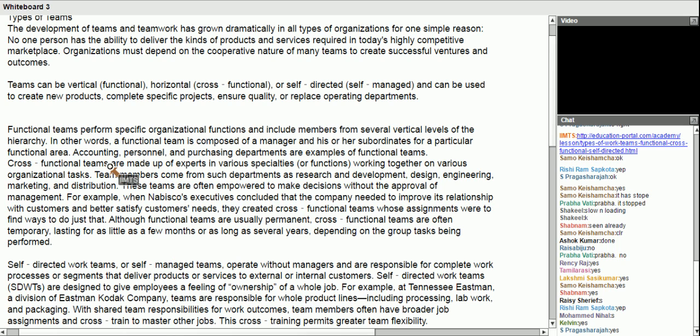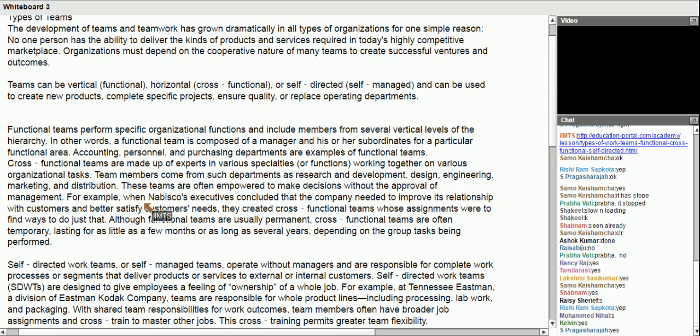Now, cross-functional teams are made up of experts in various specialties or functions working together on various organizational tasks. Team members come from such departments as research and development, design, engineering, marketing, and distribution. These teams are often empowered to make decisions without the approval of the manager.